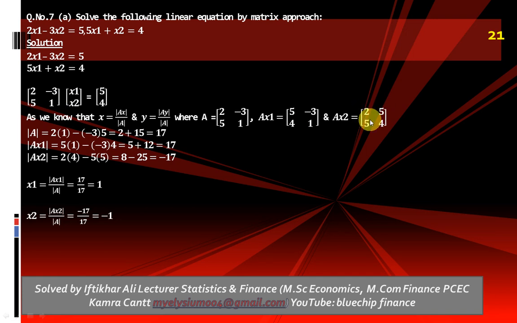So 2 multiplied by 4 minus 5 multiplied by 5 is equal to minus 17. So now put all these values into these two formulas. For x1, the determinant of A x1 divided by the determinant of A equals 17 by 17 equals 1, and for x2, the determinant of A x2 divided by the determinant of A, the answer is minus 1.